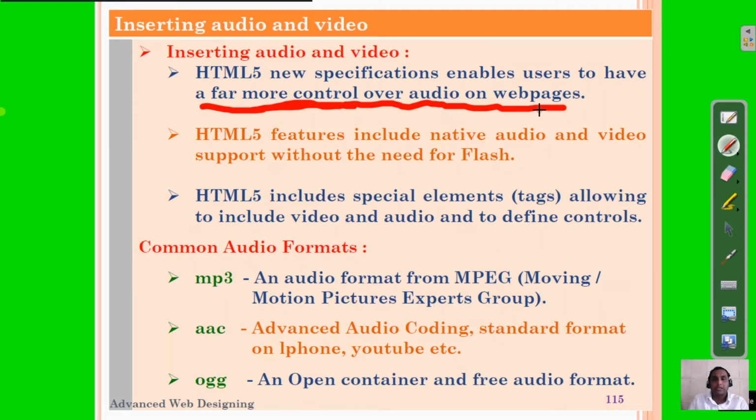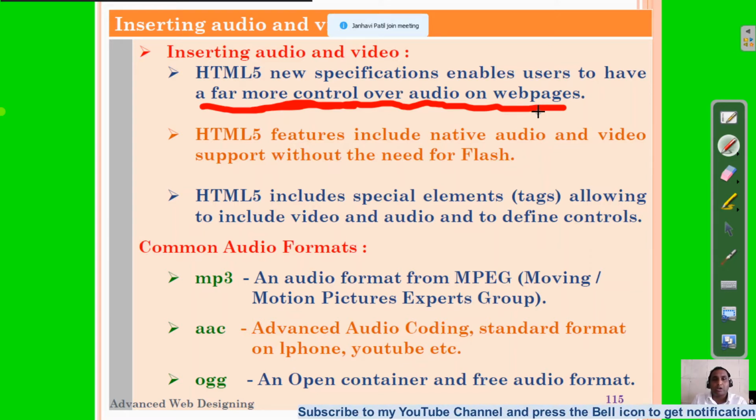HTML5 includes special elements, tags, allowing you to include video and audio and to define controls. HTML5 includes a special tag called the audio tag and the video tag, allowing you to include video and audio and to define the controls. Controls means pause button, play button, stop button.